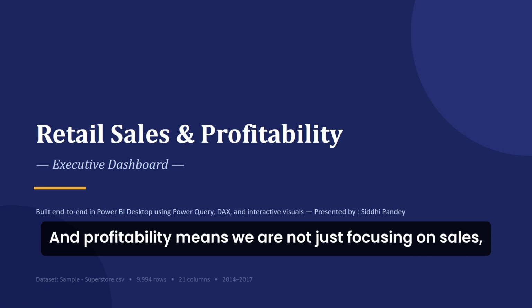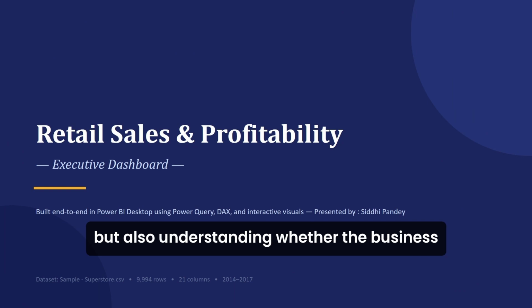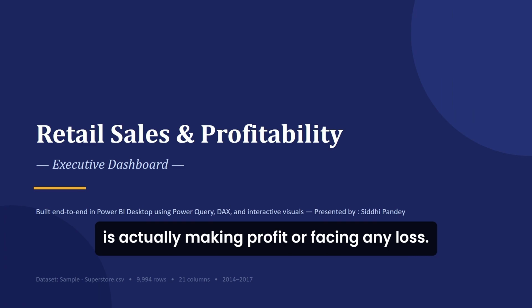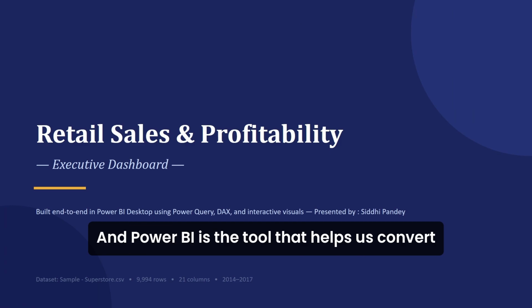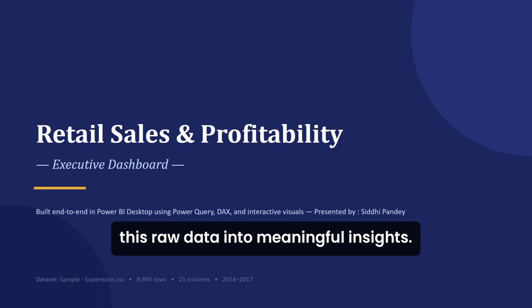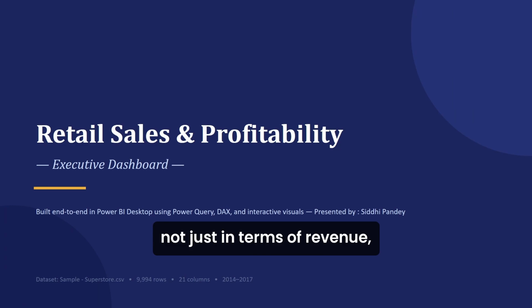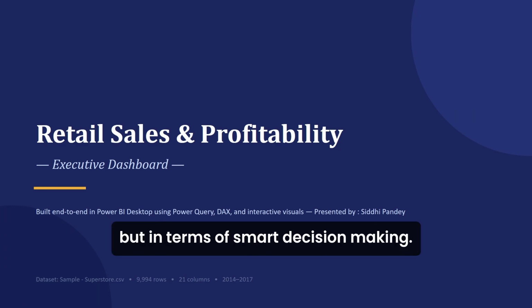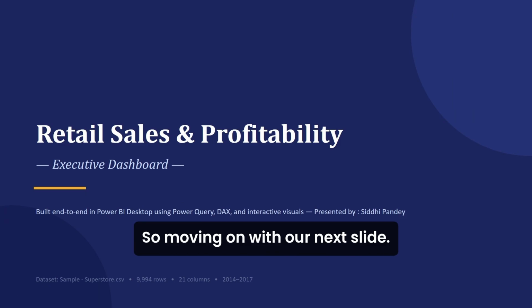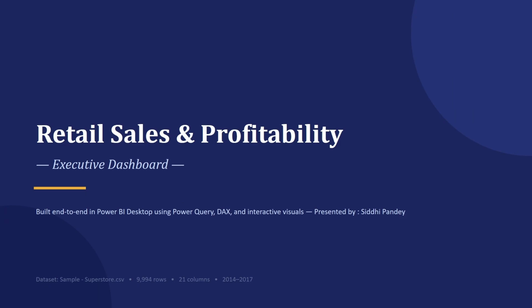And profitability means we are not just focusing on sales but also understanding whether the business is actually making profit or facing any loss. And Power BI is the tool that helps us convert this raw data into meaningful insights. So overall, this project is about understanding business performance, not just in terms of revenue, but in terms of smart decision making. So, moving on to our next slide.